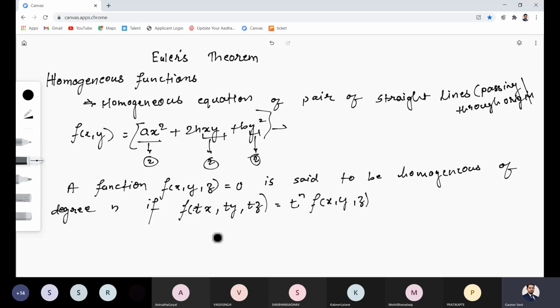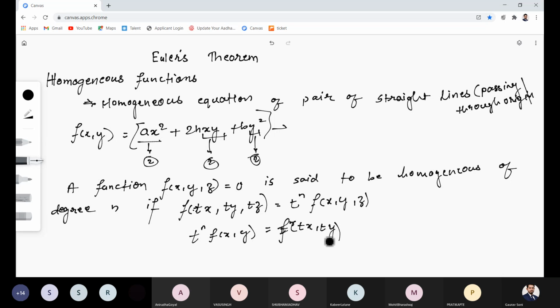So I have written the definition for three variables. The same thing can be written for two variables also, as f of tx comma ty, which I can write as t raised to n f of x comma y.